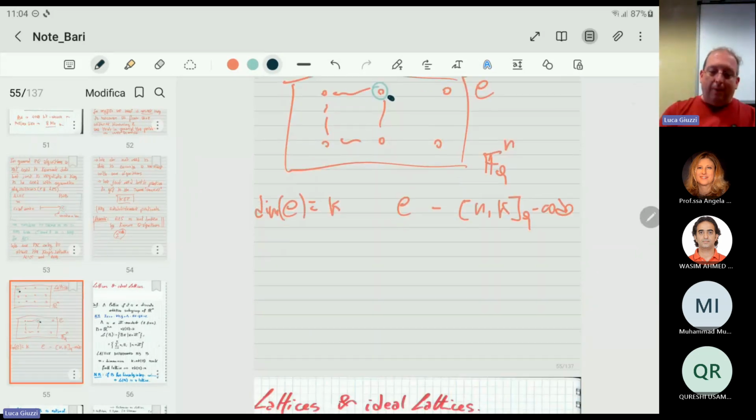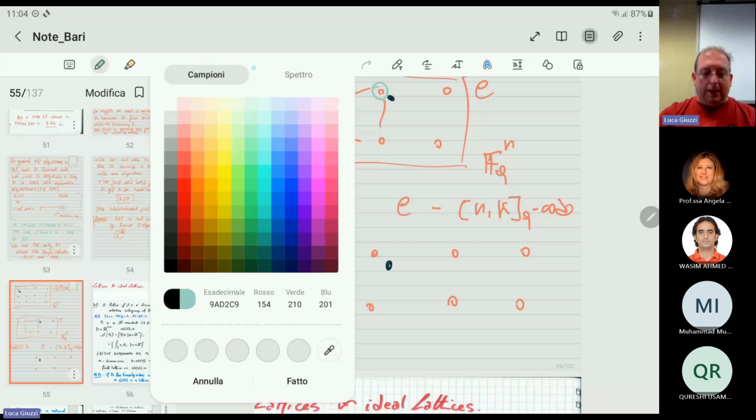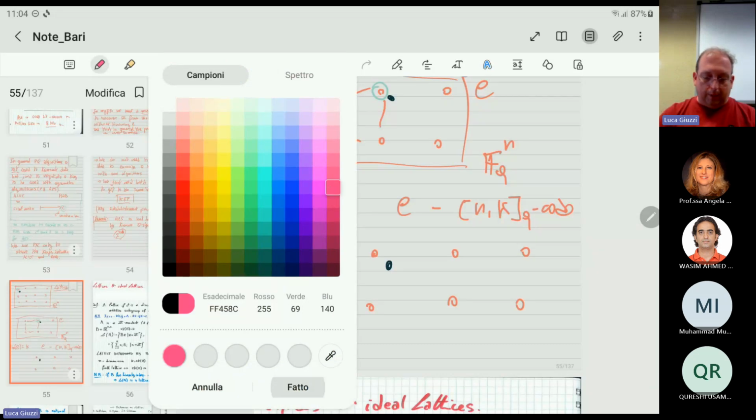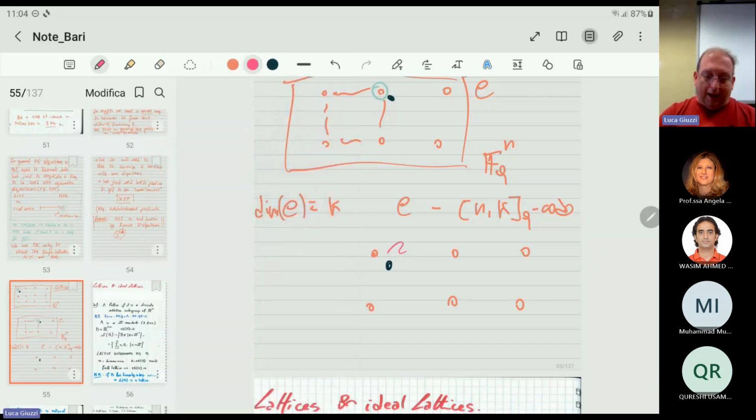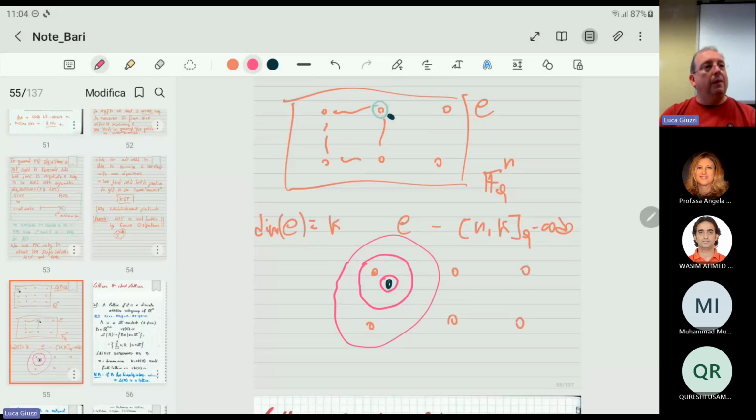What the receiver must do, basically, he has the lattice. He gets this black dot here, and what the receiver, Bob in our case, must do is find a way to determine the closest point of the code or of the lattice to what he has received.